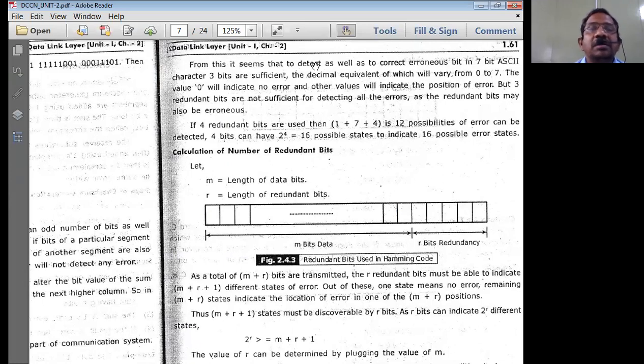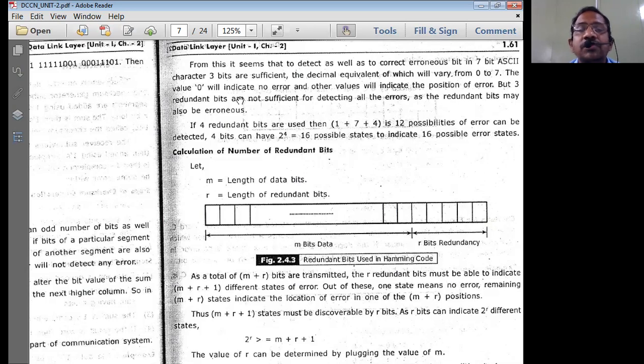So to detect a 7-bit ASCII error, how many bits are sufficient? 3 bits are sufficient. 2 power 3 gives us 8. That means if the data bits are 7, 1 more is the no error case, so 8 possibilities. To indicate 8 position errors, 3 bits are sufficient.